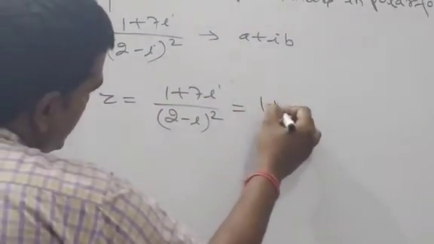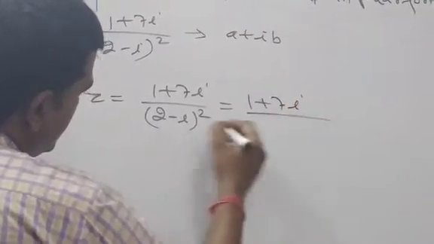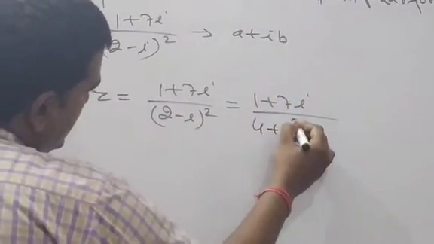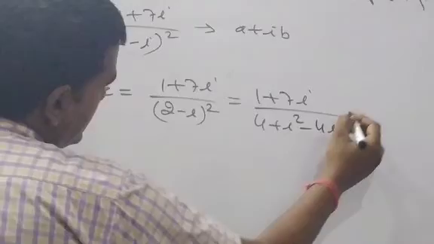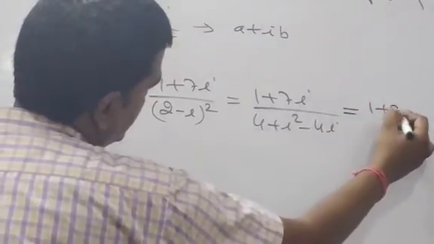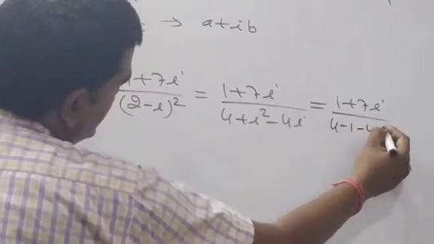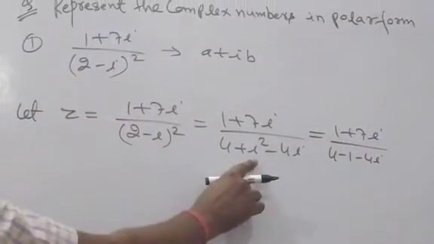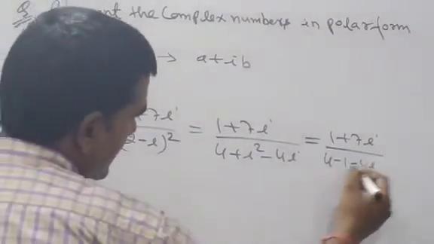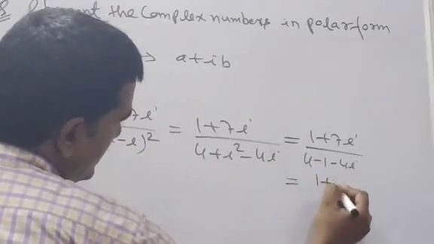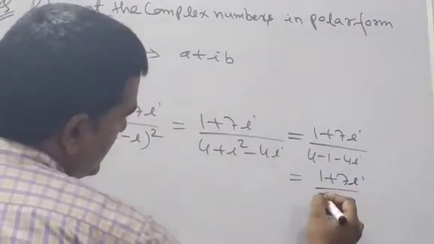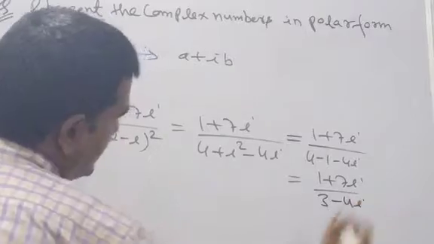That is 1 plus 7i upon a square plus b square minus 2ab, which is 1 plus 7i upon 4 minus 1 minus 4i. Clear? I square is minus 1, so this is 1 plus 7i upon 3 minus 4i.